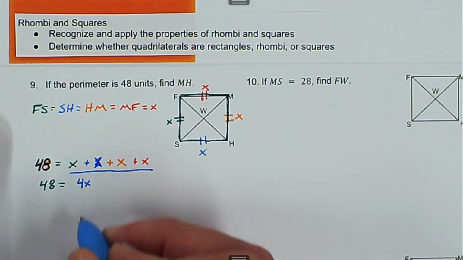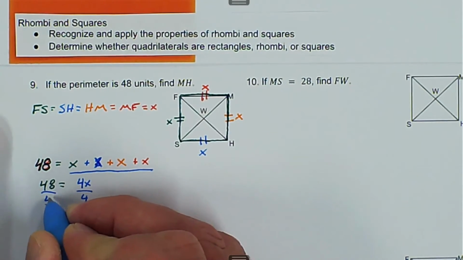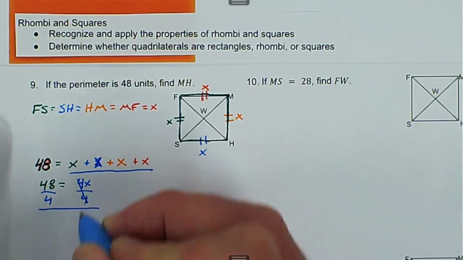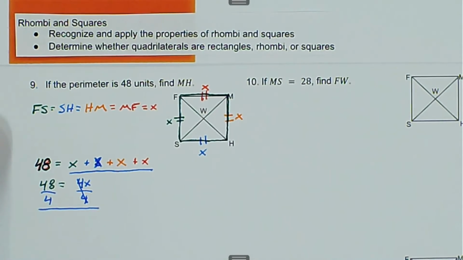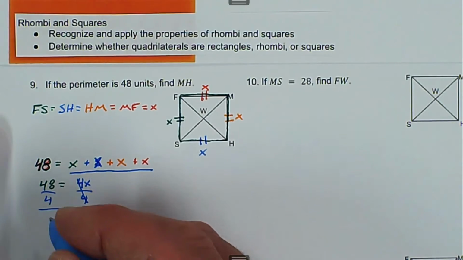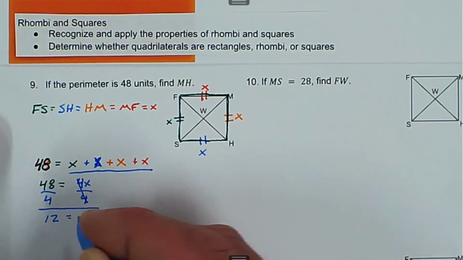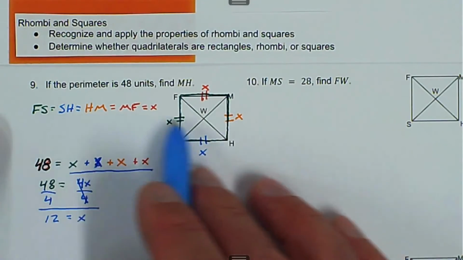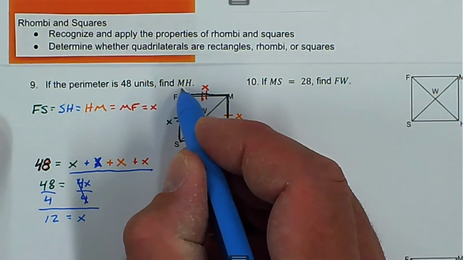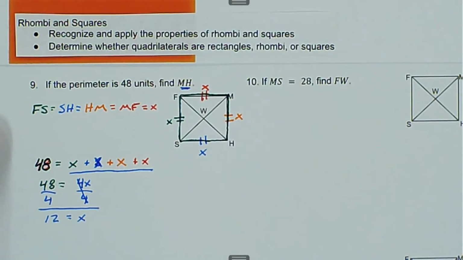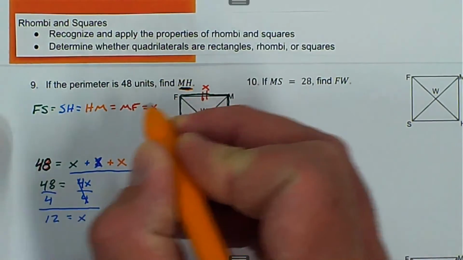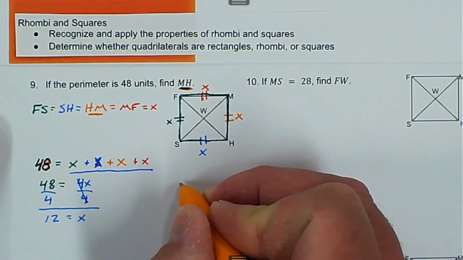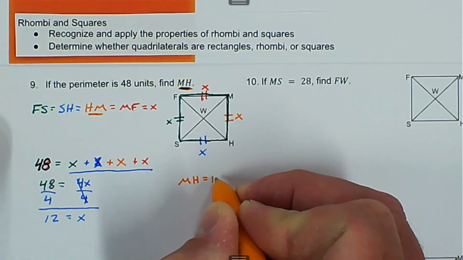Then we can divide both sides by 4. The 4 cancels, and we're left with X is equal to 12, or 12 is equal to X. And that is the value of all the values up here, which it asks us about MH. And MH is the same as HM. So MH is also equal to 12.